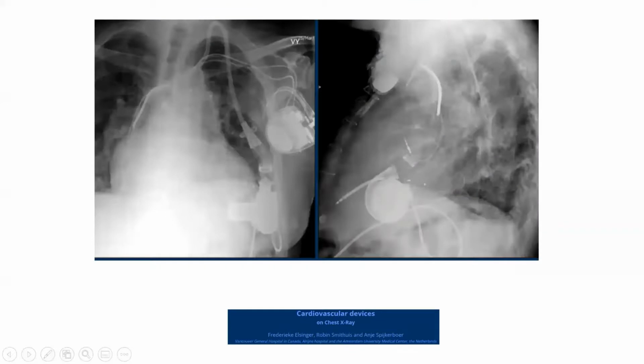Good. Now, what is this? Any guess? Just a guess. LVAD. Device. Thank you so much. This is LVAD, exactly.